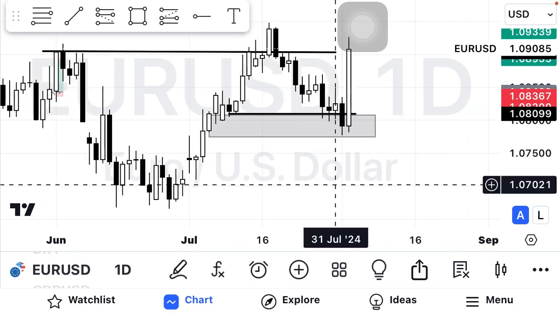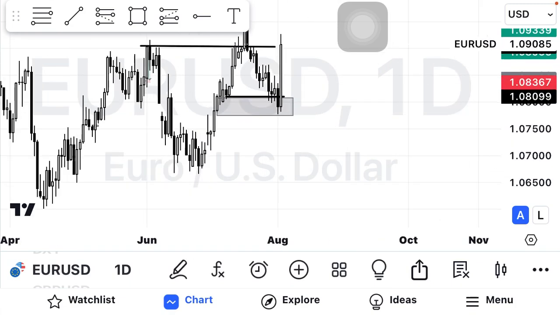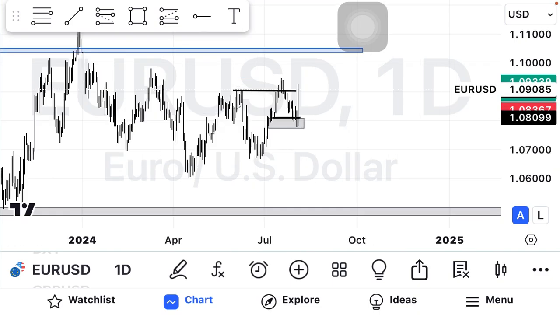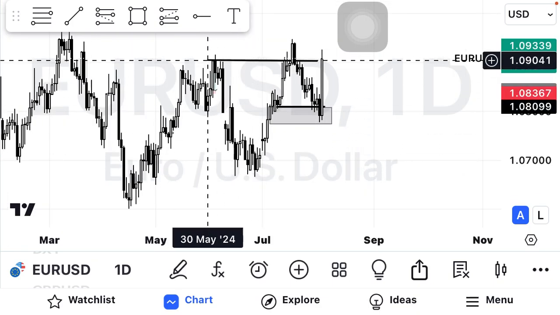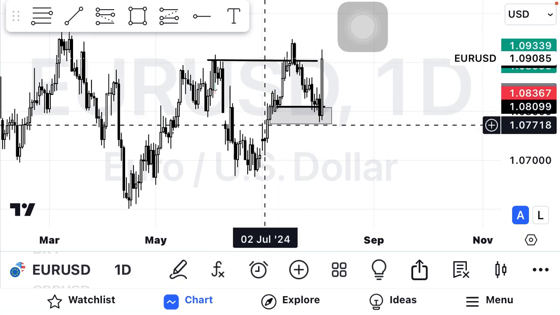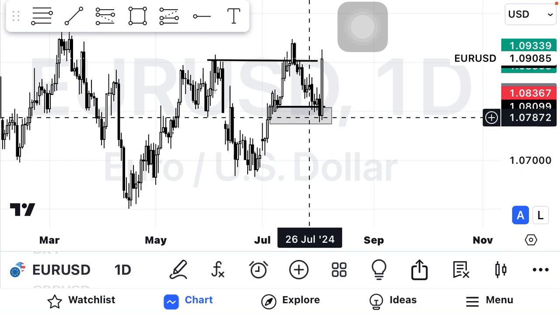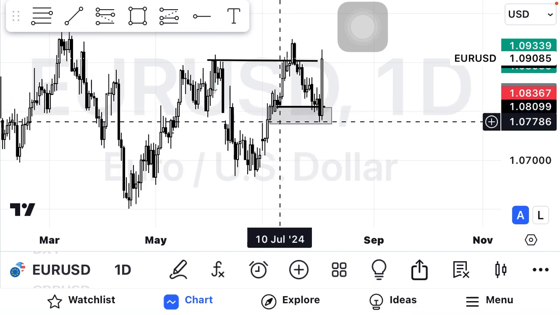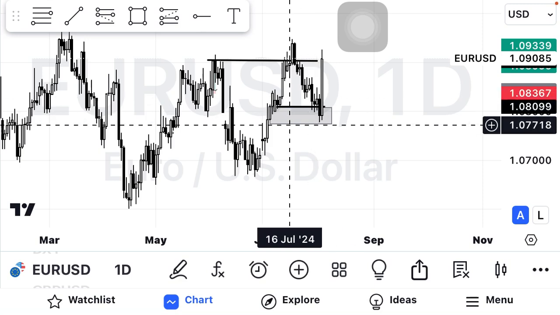We could see that from this move upward, price actually moved from here and broke this level here, which signifies a change of structure, a break of structure, sorry, and price moved down to around the 61.8 fib level. So we wait for price to react.